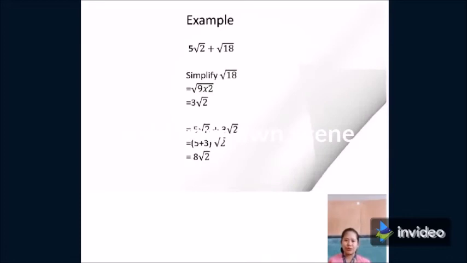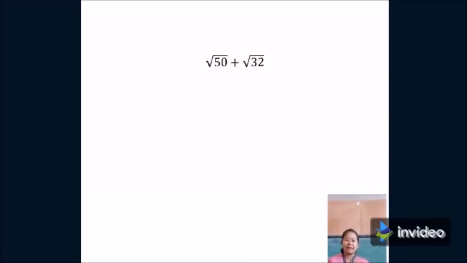And also, square root of 50 plus square root of 32. So we need to simplify both, okay? So what are the factors of 50 such that one of them is a perfect square? Right, 25 times 2 because 25 is a perfect square.